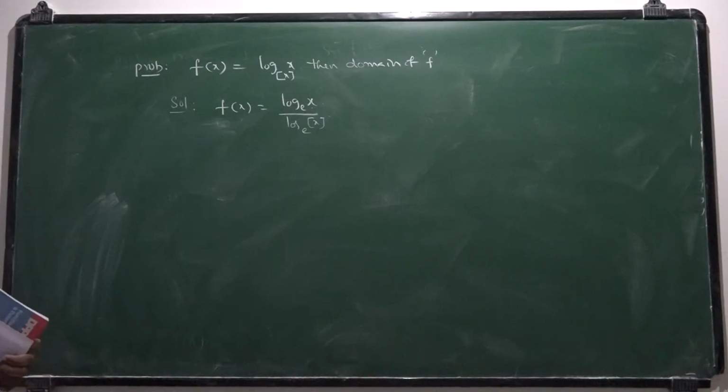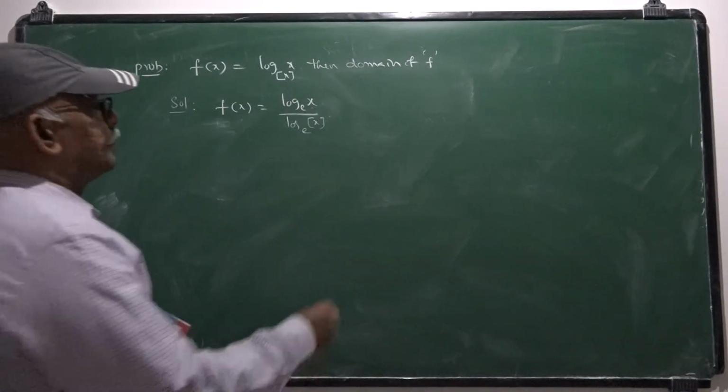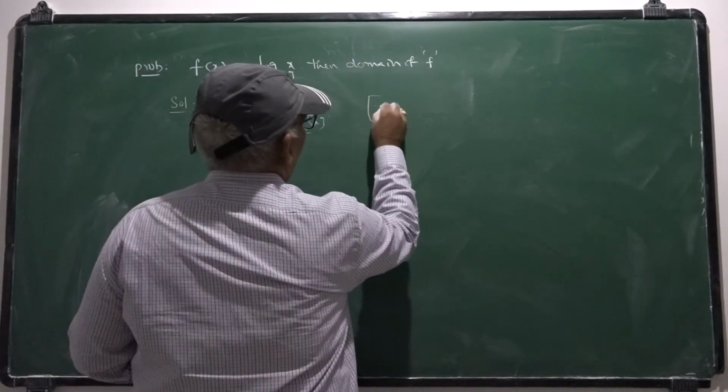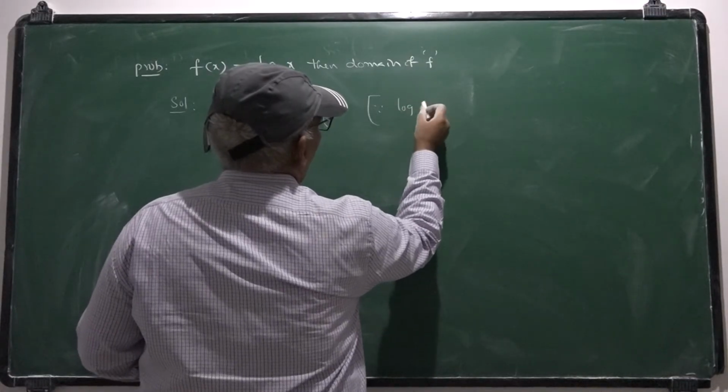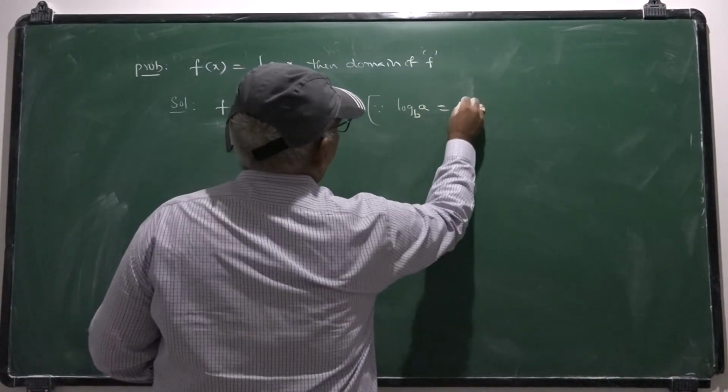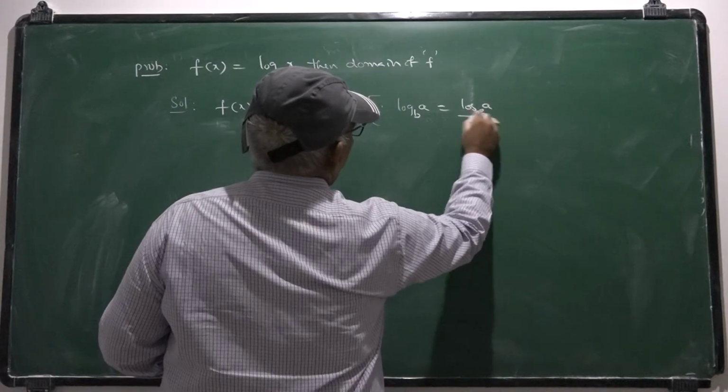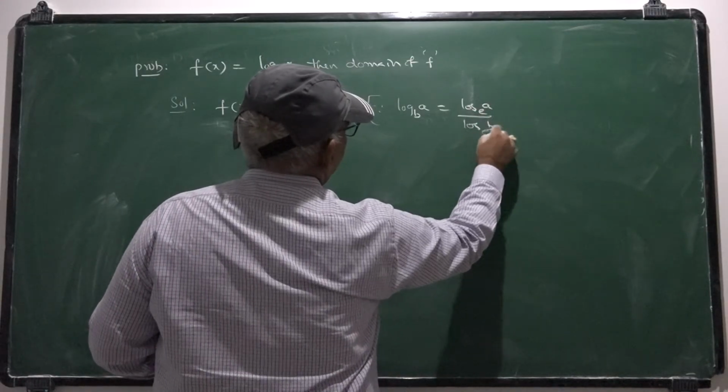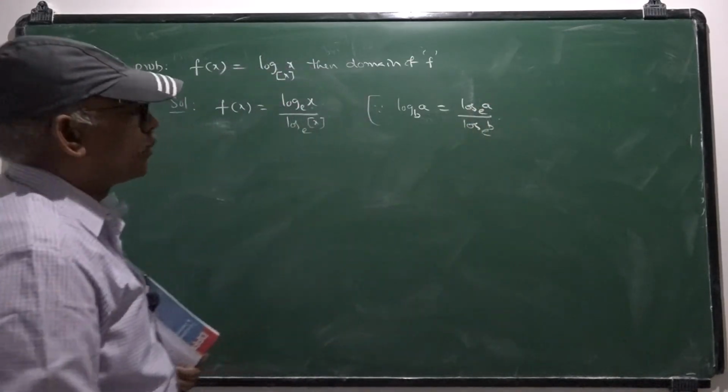Log x to the base step x, by logarithmic definition, log a to the base b may be written as log a to the base e by log b to the base e. Okay.